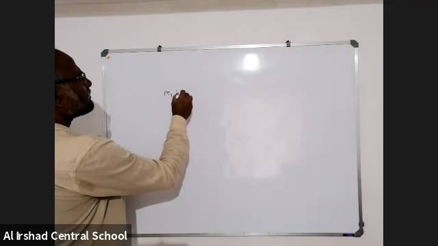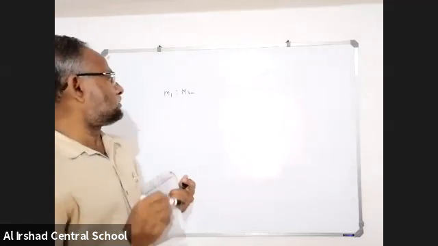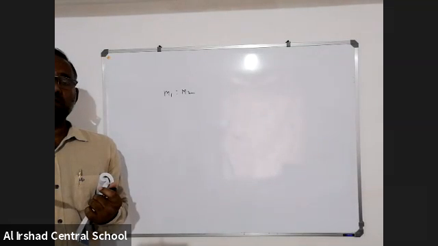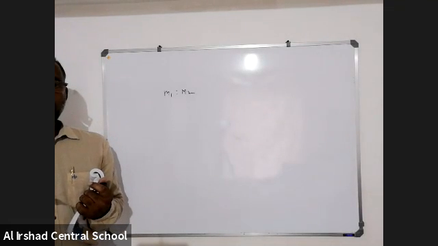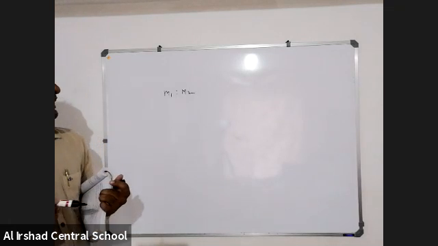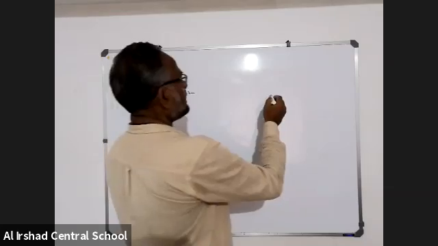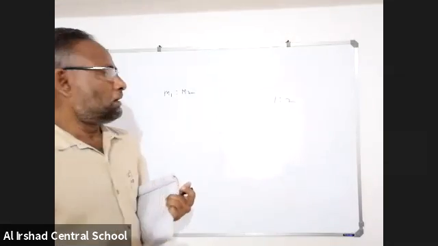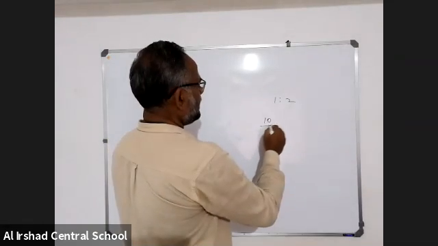Here, be careful. It is not m1 is equal to m2. It is a ratio. Again, I am telling you, ratio means comparison by division. Ratio and proportion. Don't think that 1:2 means 1/2 only. Maybe this is 10 by 20.